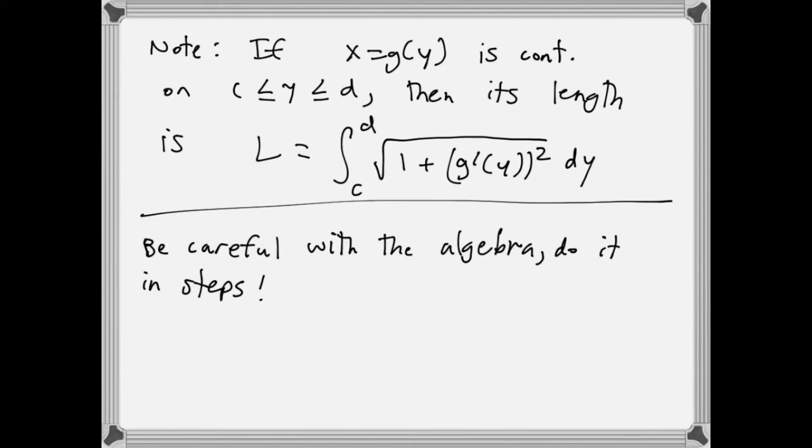In other words, first you want to find the derivative, then take the derivative squared, then take the derivative squared and add 1, and then finally take the square root of the derivative squared plus 1. Okay, you've really got to do these step by step. Believe it or not, each of these steps can be algebraically complex, okay? So do it slow, do not rush it. All right, let's get started with some examples.